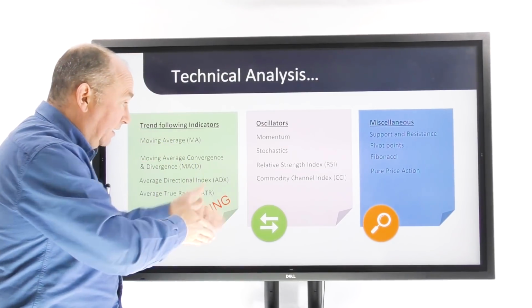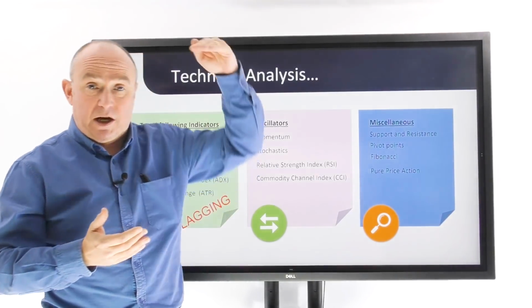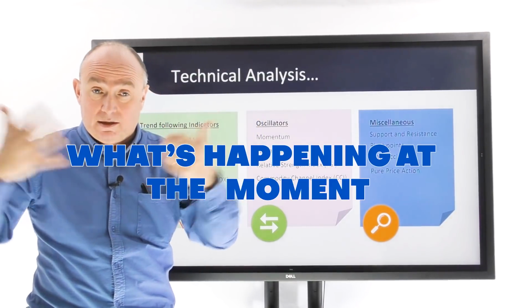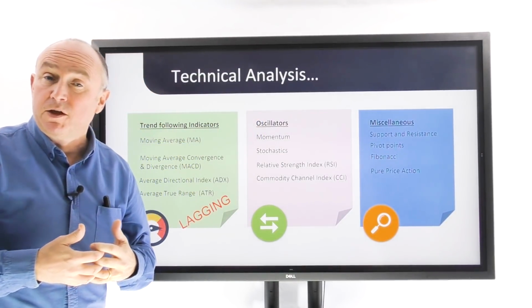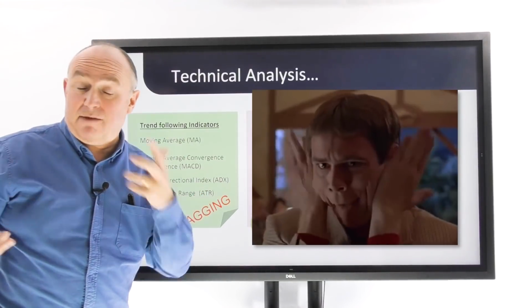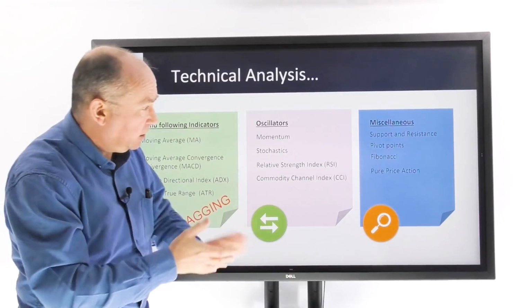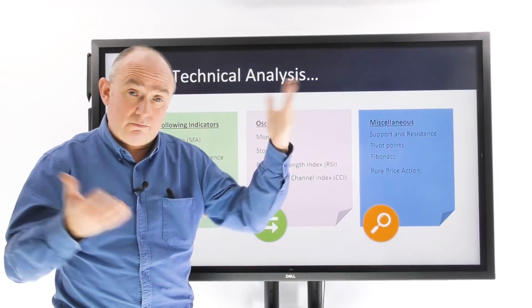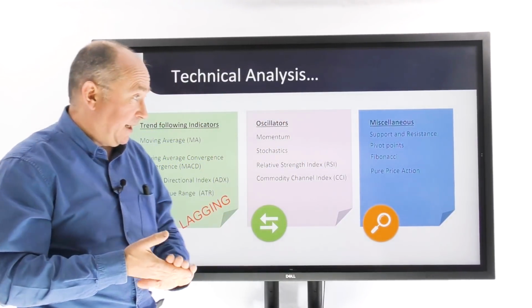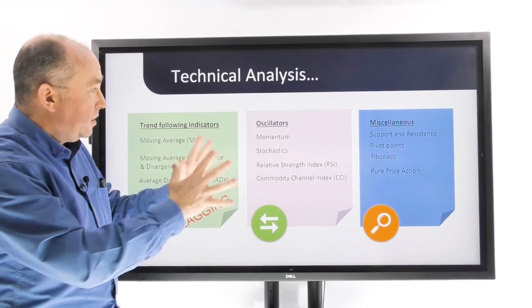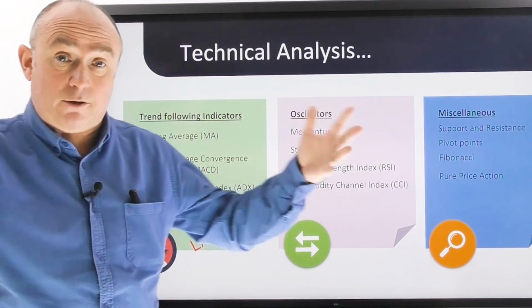So they're not lagging and they're not looking for potential. They're just telling you what's happening at the moment. And if you can understand what's happening to human behavior, human mentality, human action, you can look at that on pure price to help you predict where prices may go in the future. So these are the three subsections I put into technical analysis.